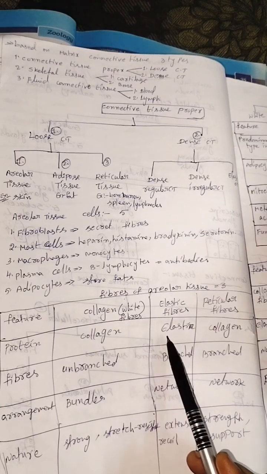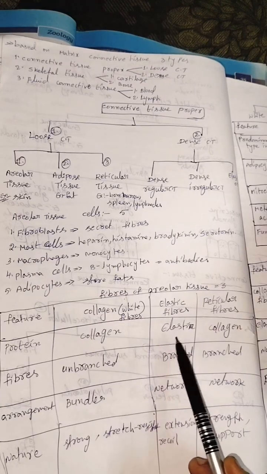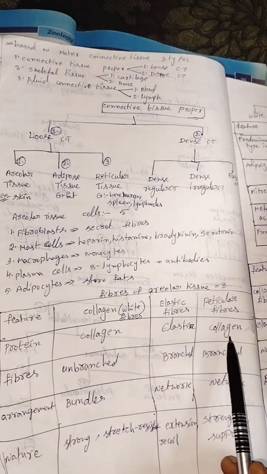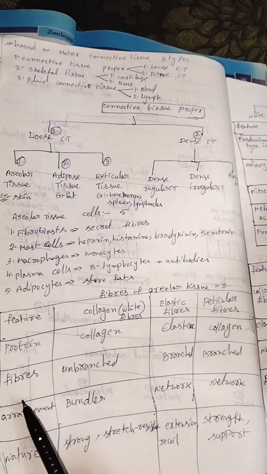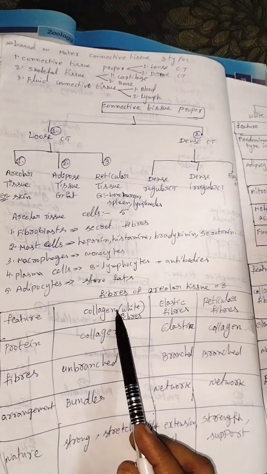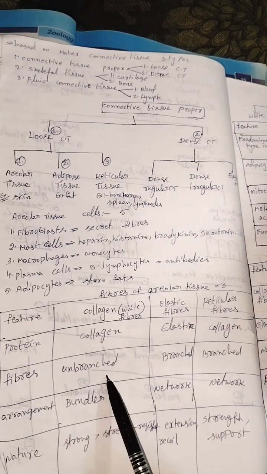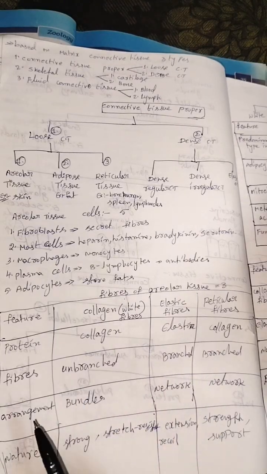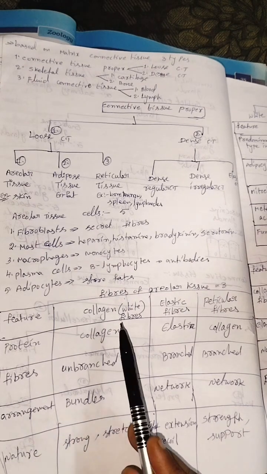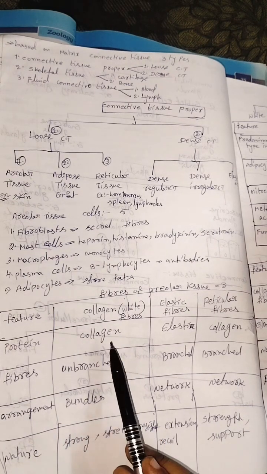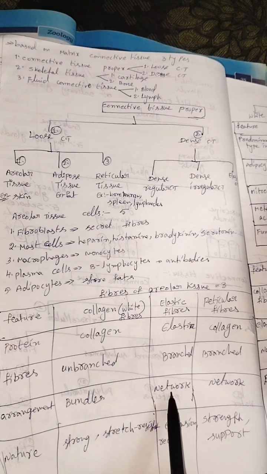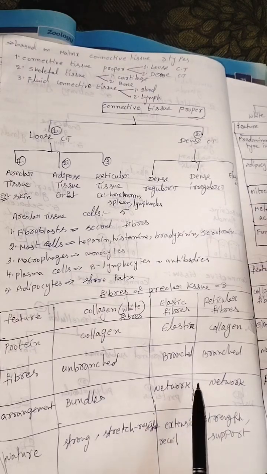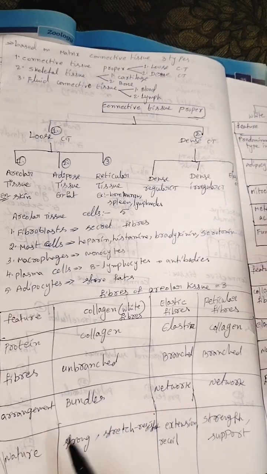In elastic fibers, the protein is elastin. In reticular fibers, the protein is collagen. Collagen fibers are unbranched, while elastic and reticular fibers are branched. Arrangement: collagen is arranged in bundles, while elastic and reticular fibers are arranged like a network.